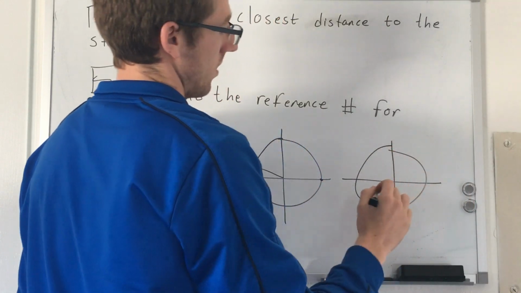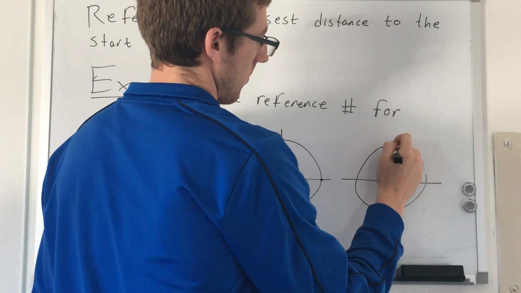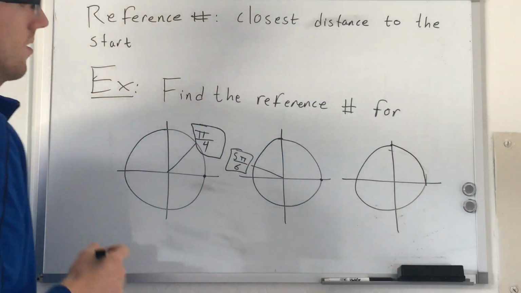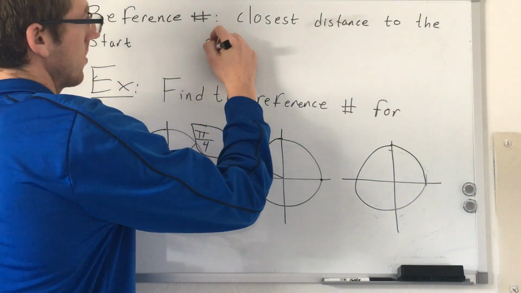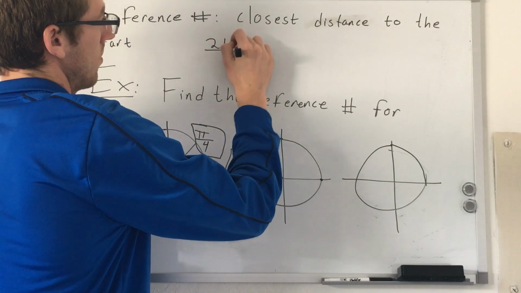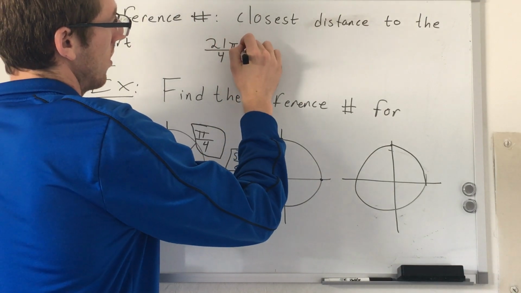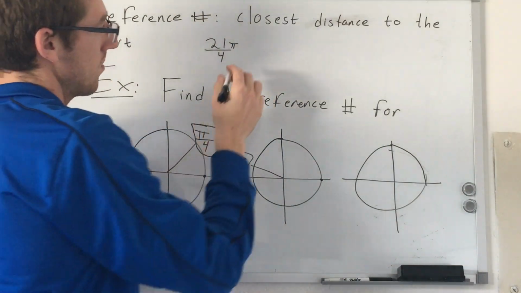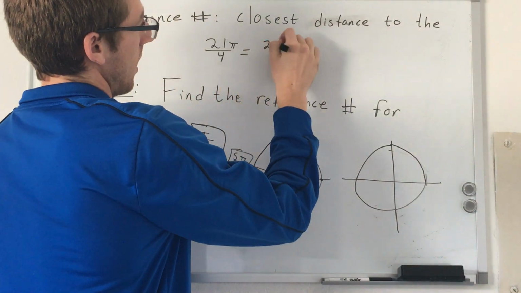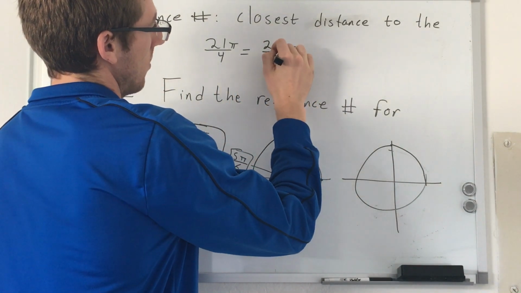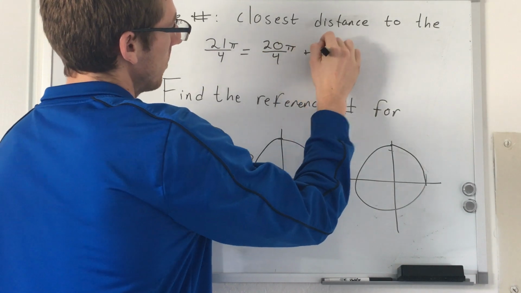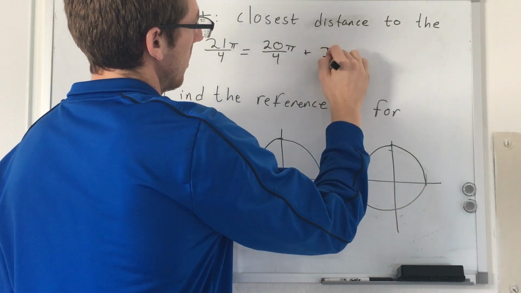So we should figure out what that is, 21 pi over 4. So if I'm at 21 pi over 4, well, that's the same thing as 20 pi over 4 plus pi over 4.